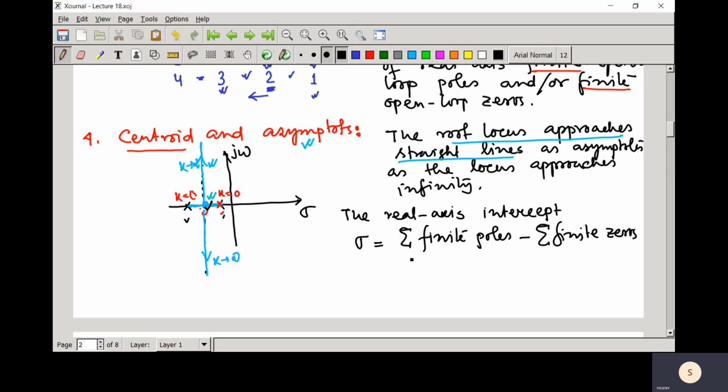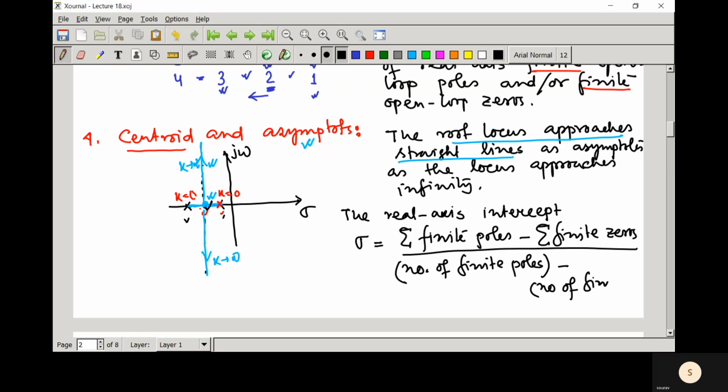That means if there are infinite zeros, we are not going to consider them. Then divided by the number of finite poles minus the number of finite zeros. So this is the formula.